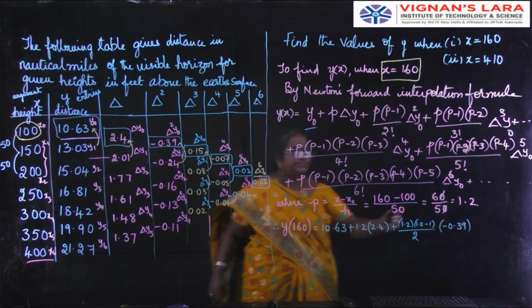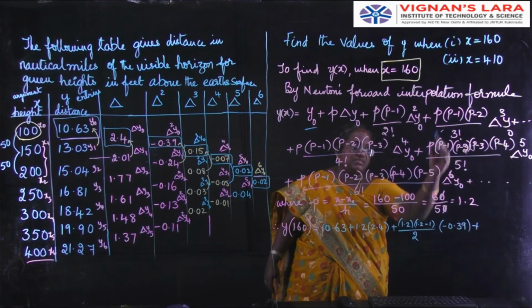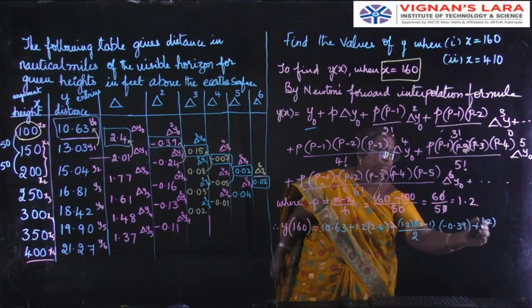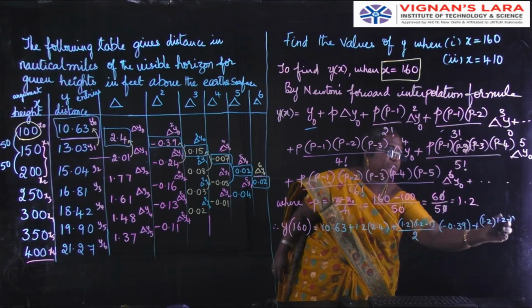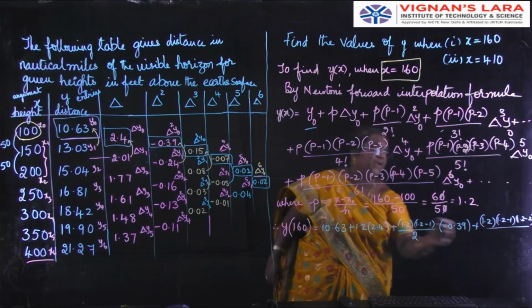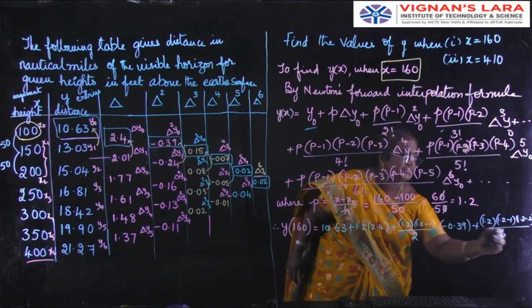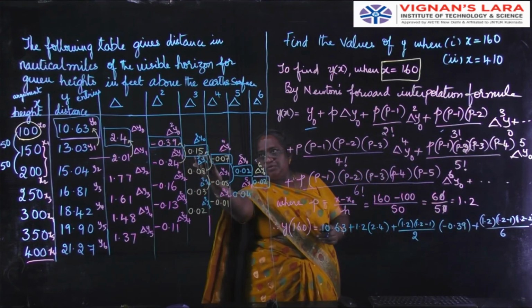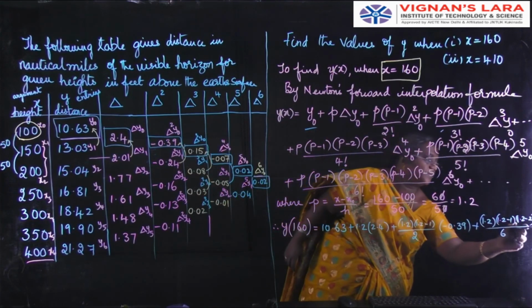Next, substituting p as 1.2, 1.2 minus 1, 1.2 minus 2 by 3 factorial, which is 6, into del cube y naught, which is 0.15.